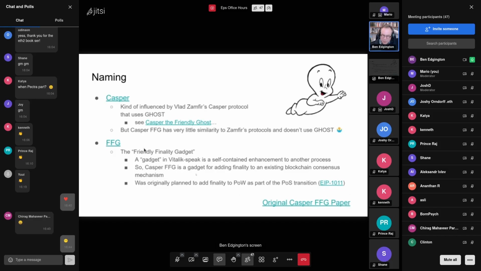Proof of work doesn't have finality, and the idea was that Casper FFG could be overlaid on top of it, bringing some elements of proof of stake to bring finality to the proof of work mechanism. However, we have adopted it instead to overlay it on LMD Ghost. And oh yeah, the original paper is really nice, actually. It's worth a read. I do recommend it.